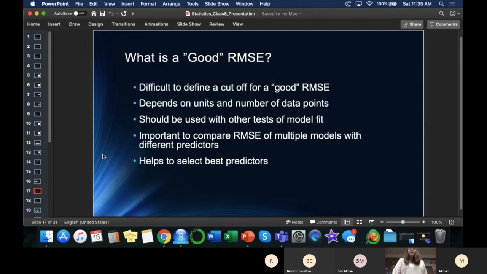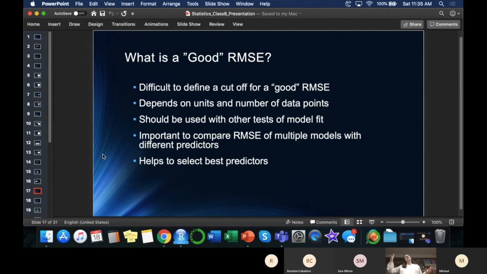Okay. So this is the question that almost every time I go over anything like this comes up: what is a good root mean squared error? There isn't a good answer for that, because the units are your domain, what you're looking at is going to matter. So heart disease mortality is a pretty high number. You saw that it was in the hundreds, whereas a percent would be between 1 and 100.